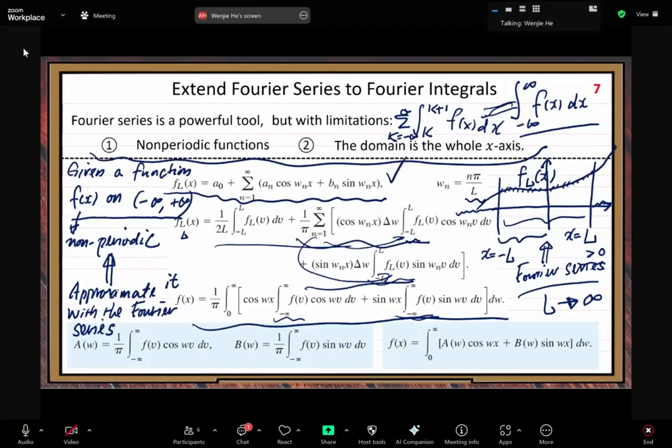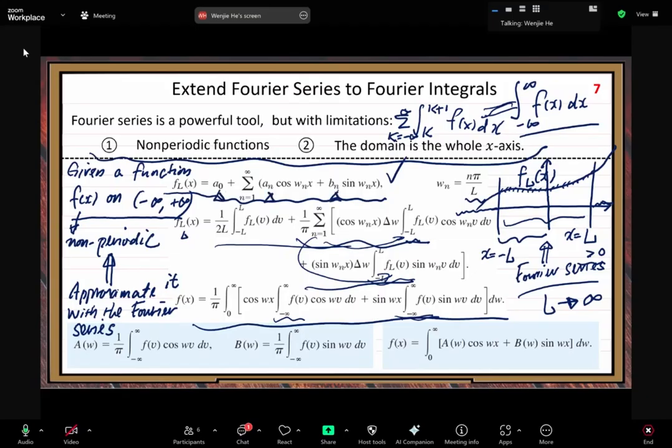We assume this function is good enough to have its Fourier series expansion. At this point, we write it the same. Then we know how to calculate the coefficients A0, AN, BN.